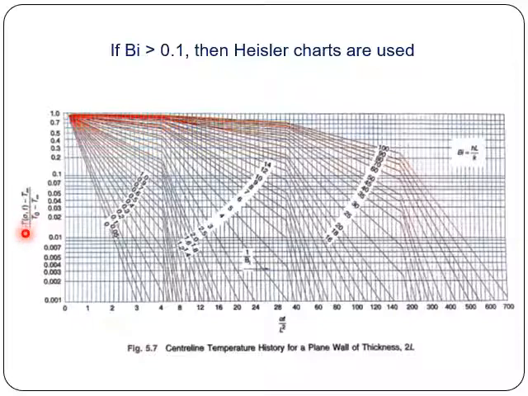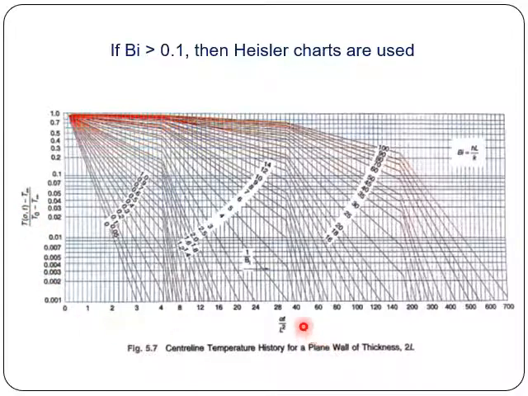So that is denoted by T0,t minus T infinity divided by T0 minus T infinity. The T0 in the denominator indicates the initial temperature, or you can use some other notation like Ti, so Ti minus T infinity, the initial temperature minus the atmospheric temperature. But in the numerator you have T at x equal to 0 at given time.